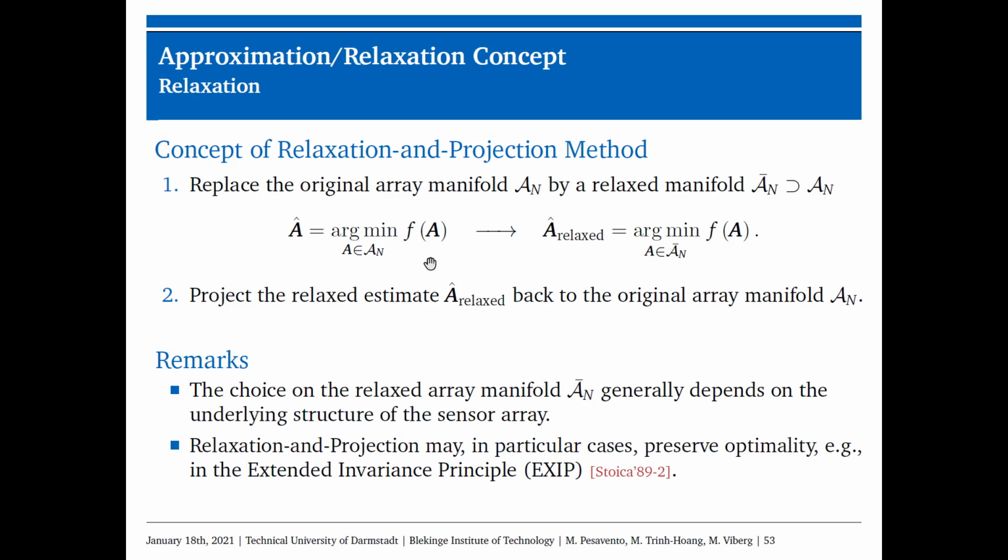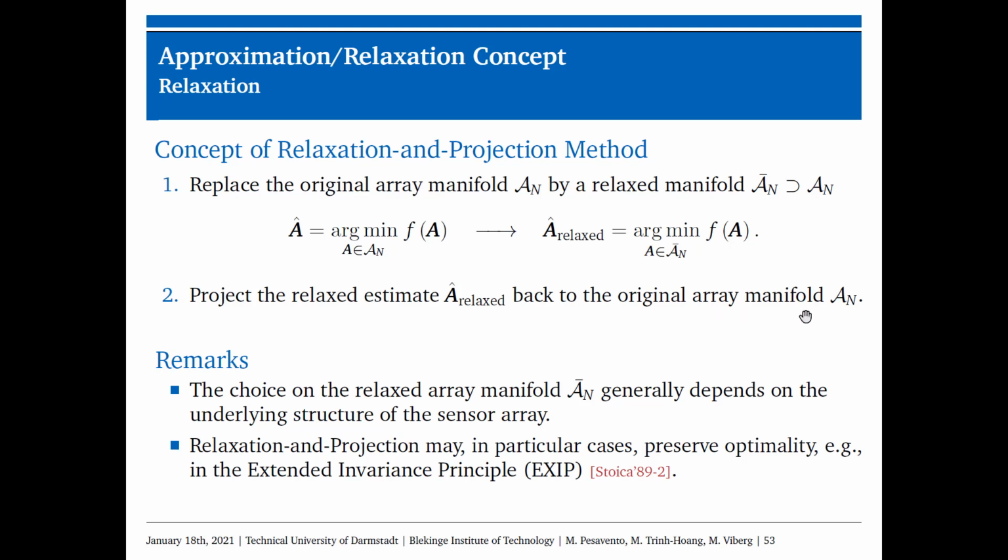At this point, we would like to remark that how to choose the relaxed feasible set AN bar depends on the geometry of the sensor array, and sometimes even on the original cost function f of A. Another remark is that the back projection step does not ensure that we can obtain the original global minimum A hat.